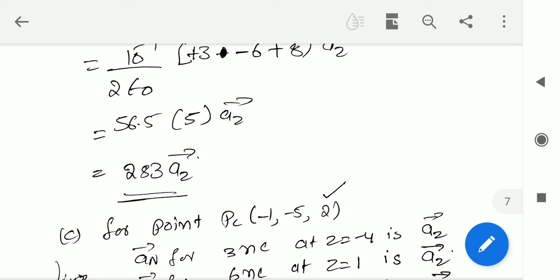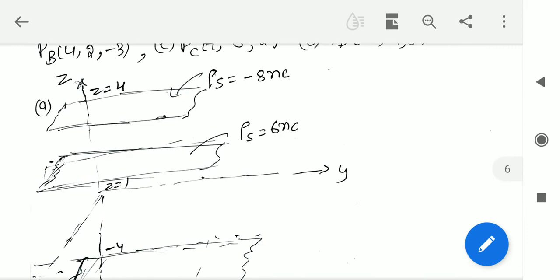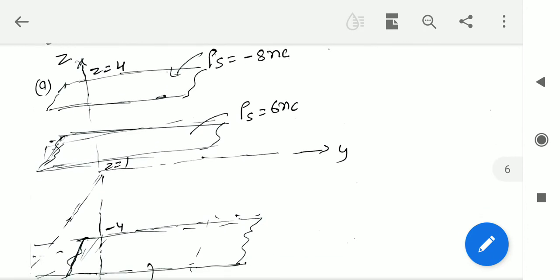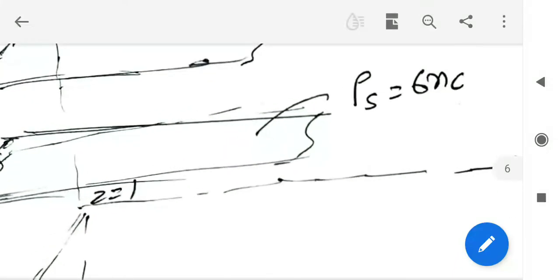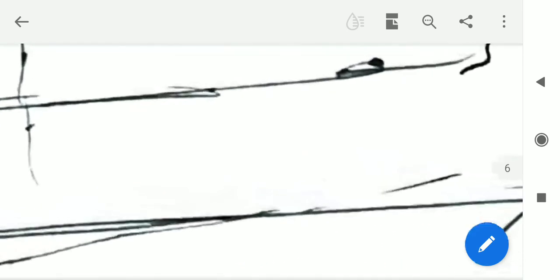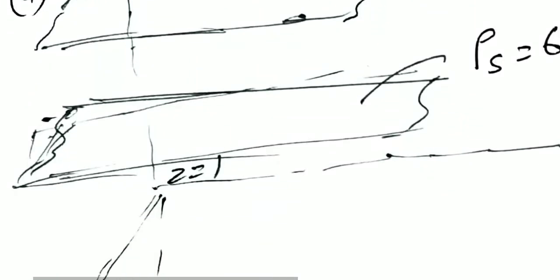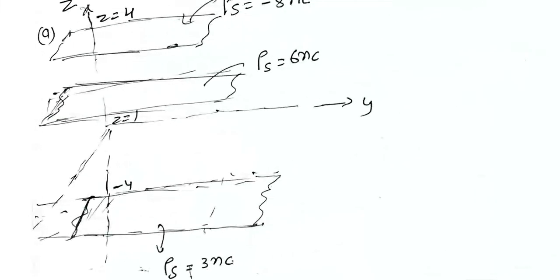It is present at z equal to 2. Z equal to 2 means a point which comes above two plates, the 3 nanocoulomb plate and the 6 nanocoulomb plate, because the 6 nanocoulomb plate is present at z equal to 1, and the point we want to observe is present at z equal to 2. So our point is above two plates and below one plate.